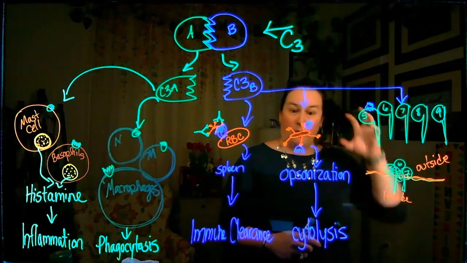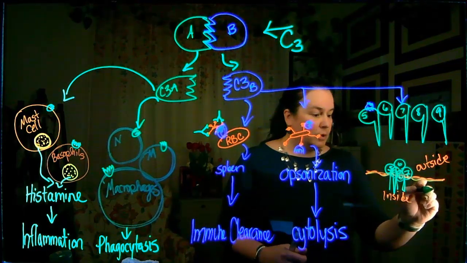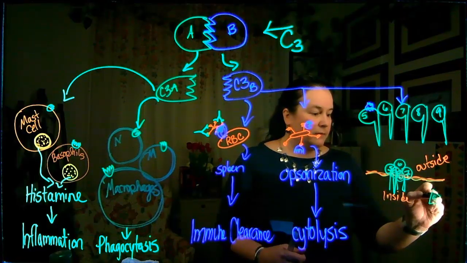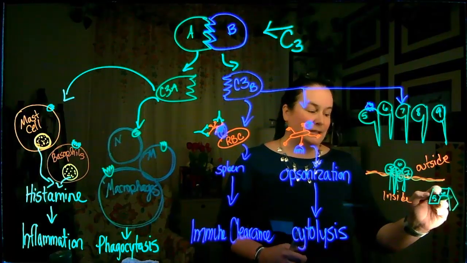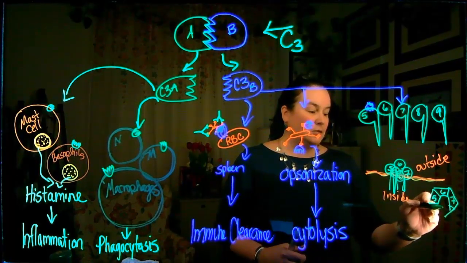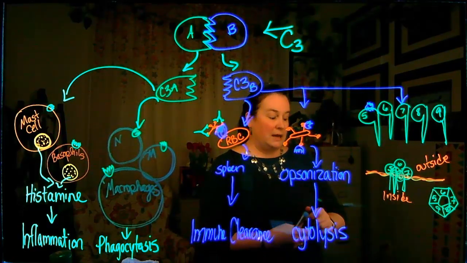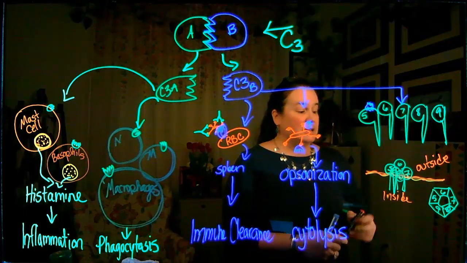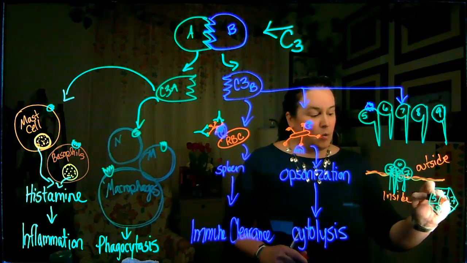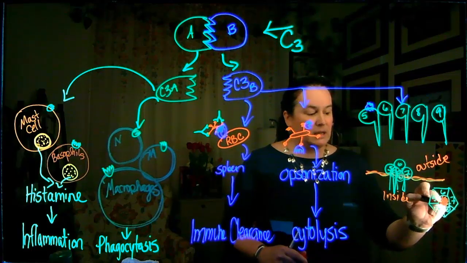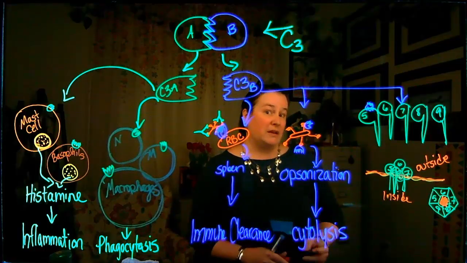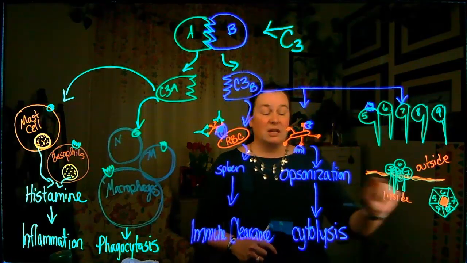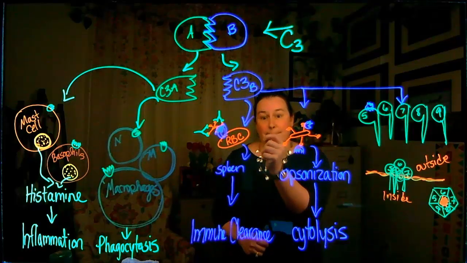If we were looking down from the top, we would see C5 next to C6, next to C7, next to C8, next to C9. And what we get is this little rosette. And what that means is that right here in the center, what was plasma membrane and was adhered to the rest of the plasma membrane of the cell that is being fought against, now there's nothing holding that little bit of plasma membrane in, so it's going to pop out.